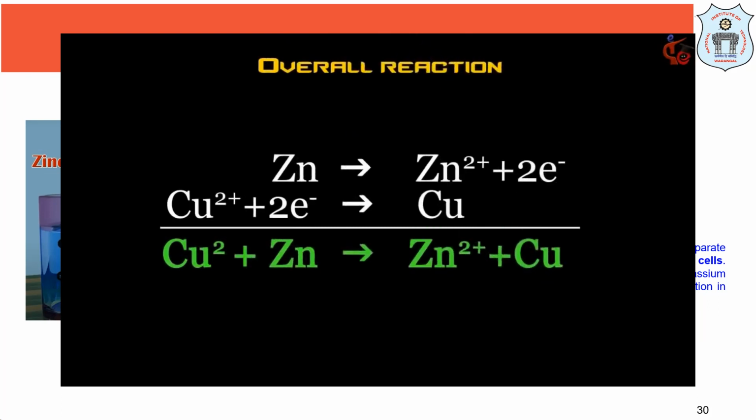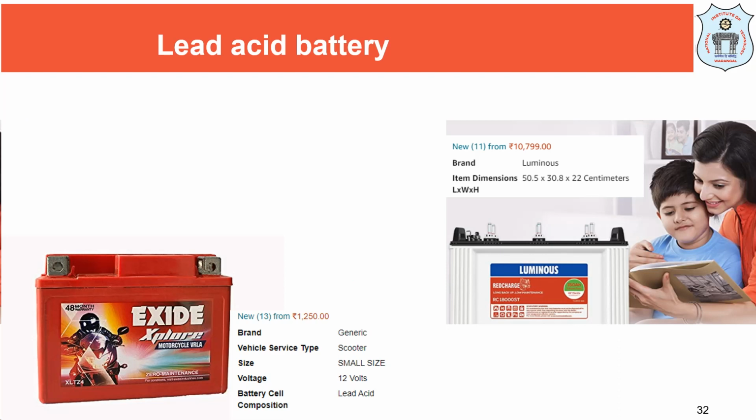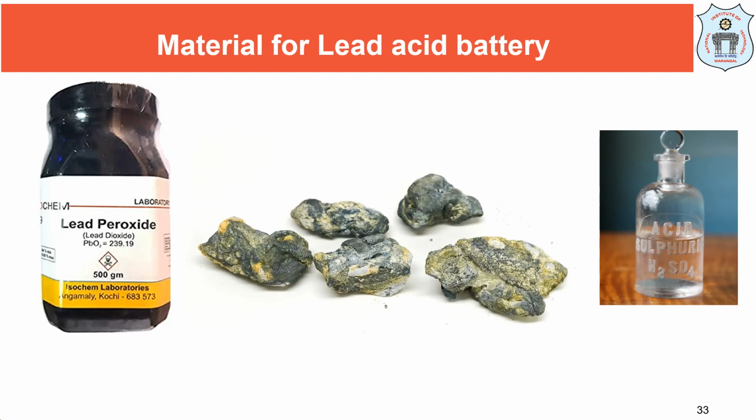Lead acid storage battery is commonly used as a storage battery or secondary battery. The materials used for the lead acid storage battery are lead peroxide or lead dioxide, sponge lead, and dilute sulfuric acid.